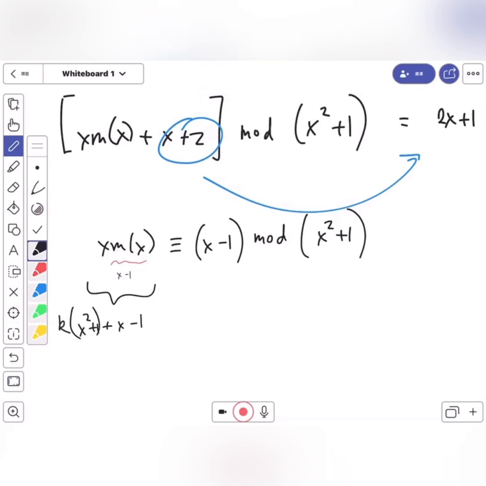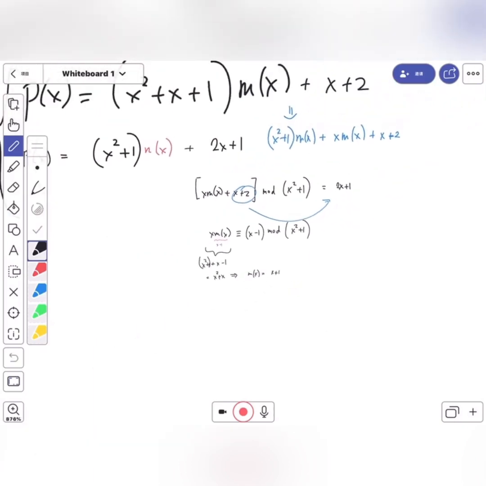So this has a k in the coefficient, but when k is equal to 1, then this simply becomes x squared plus x. So simply m of x is just equal to x plus 1.